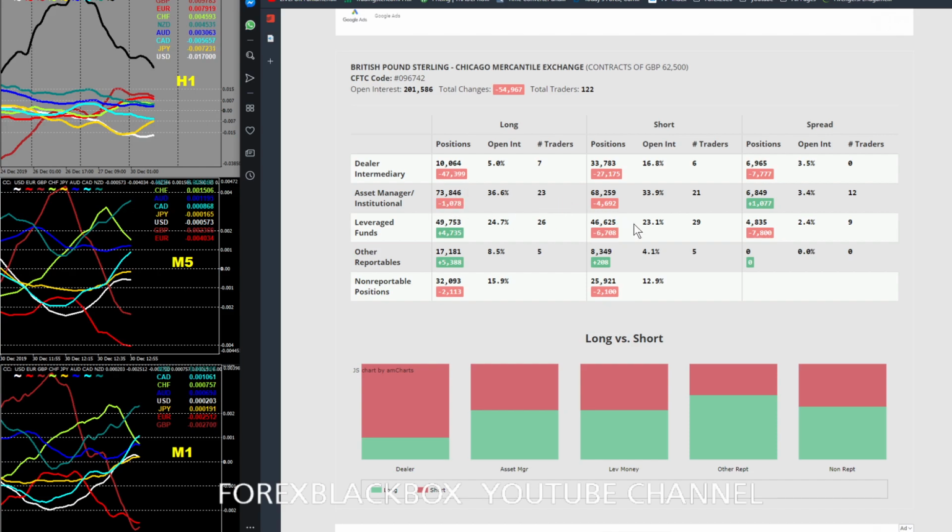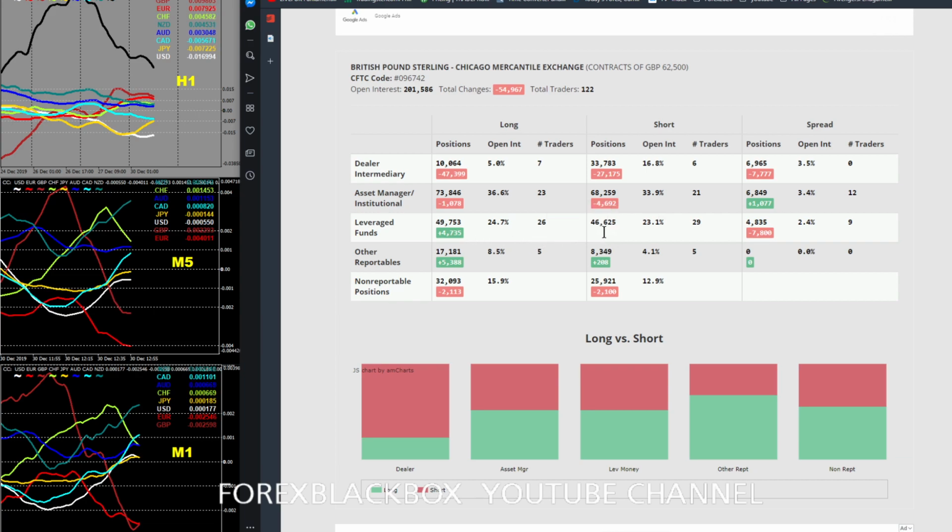So I can see here the total is different on the contracts. They're getting more long and more short, so it's not really clear. It's just like 50-50. They add on the long side 4,700 contracts, and they take off 6,788 contracts.